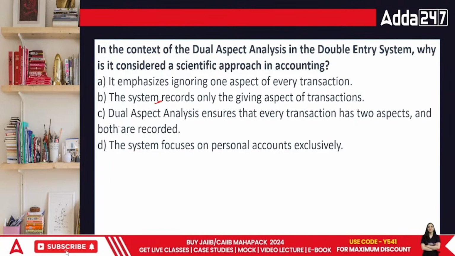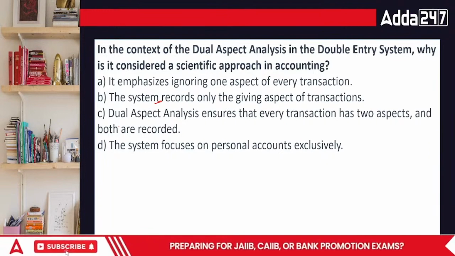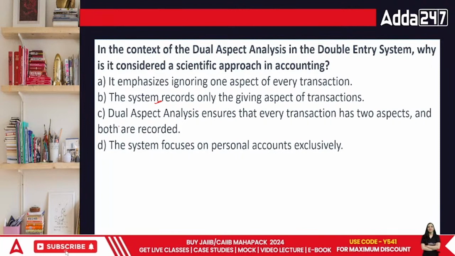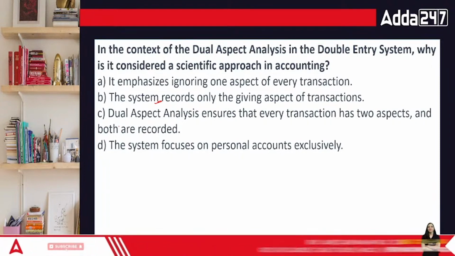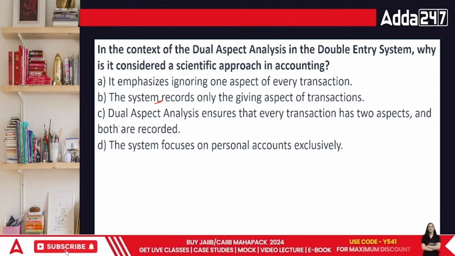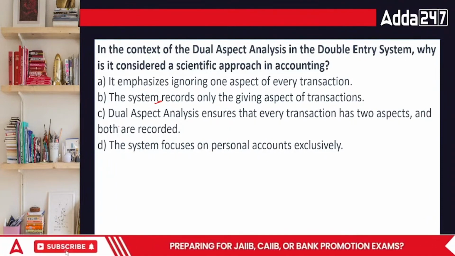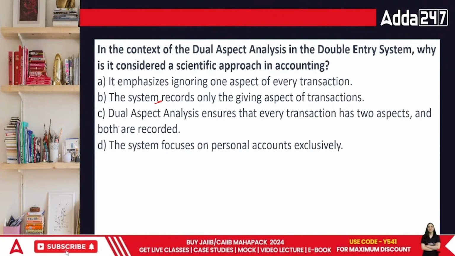Everybody, what do you mean by dual aspect? Dual aspect concept is basically debit is equal to credit. Everything has a debit and a credit side. Right? Done?